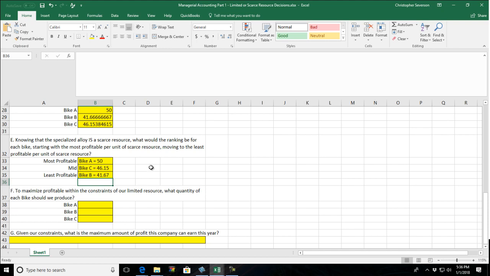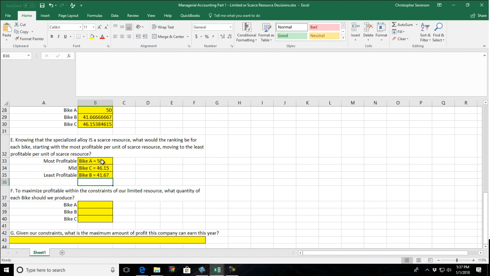So what we have to do is figure out which one we want to focus on first, fulfill all the demand for that, move on to the next profitable bike, fulfill as much of the demand as we can, and if there's any left, then we'll go to the least profitable bike. We don't want to make any more than what is demanded, because then there'll just be excess bikes sitting around. We'd prefer to go right up to demand in the proper order.